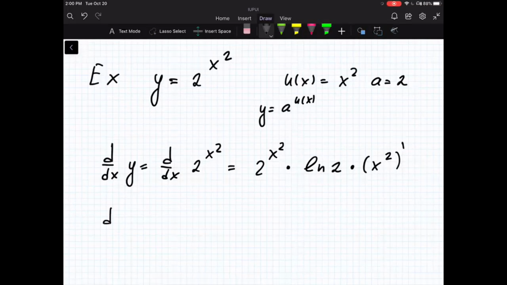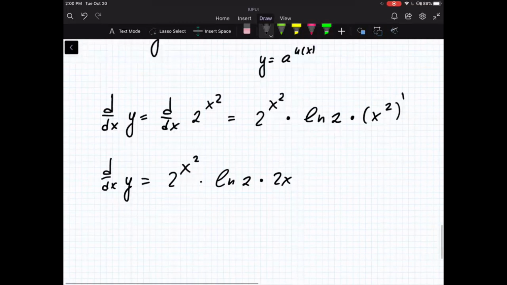And so the derivative of y is equal to 2 to the power x squared times logarithm of 2 times 2x.